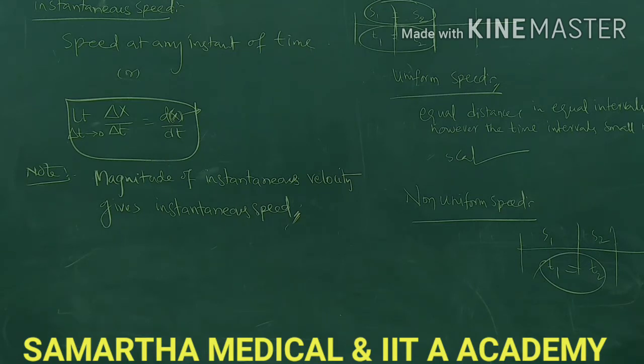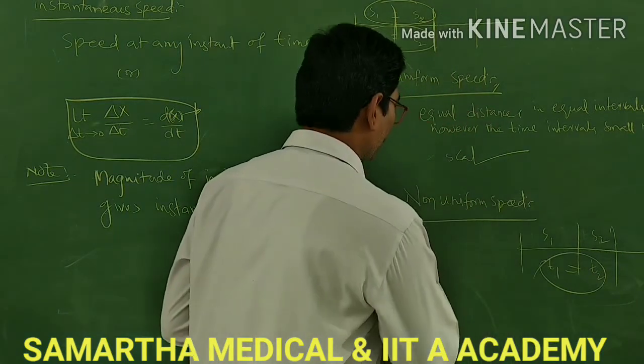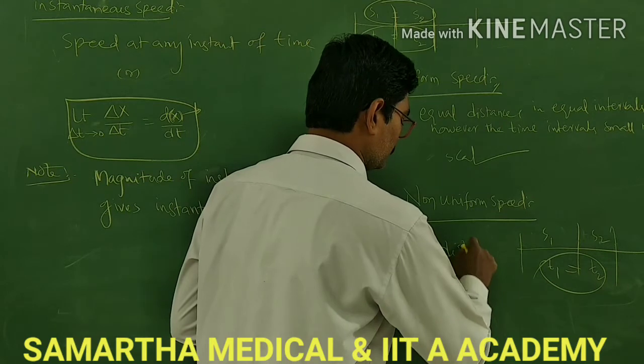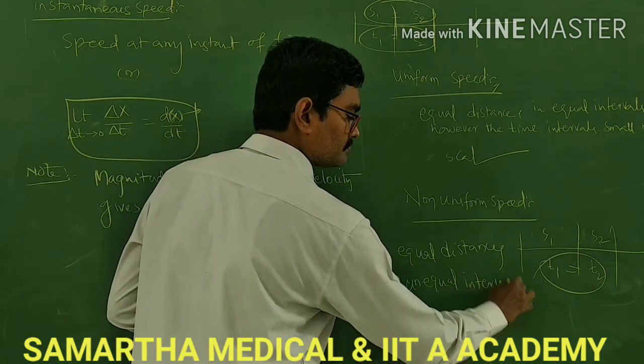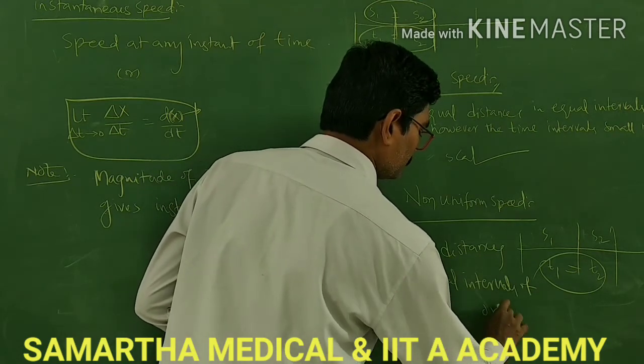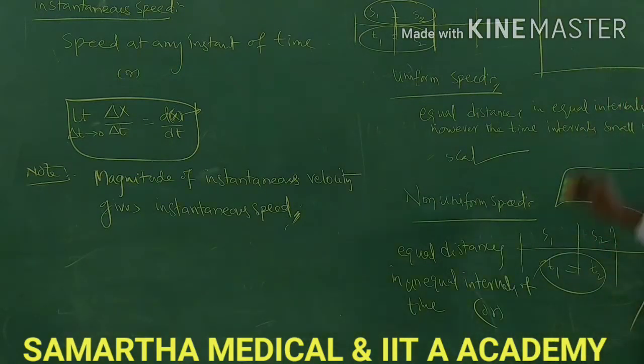The body covers unequal distances in equal intervals of time, or equal distances in unequal intervals of time, however small the time interval may be. That is called non-uniform speed.